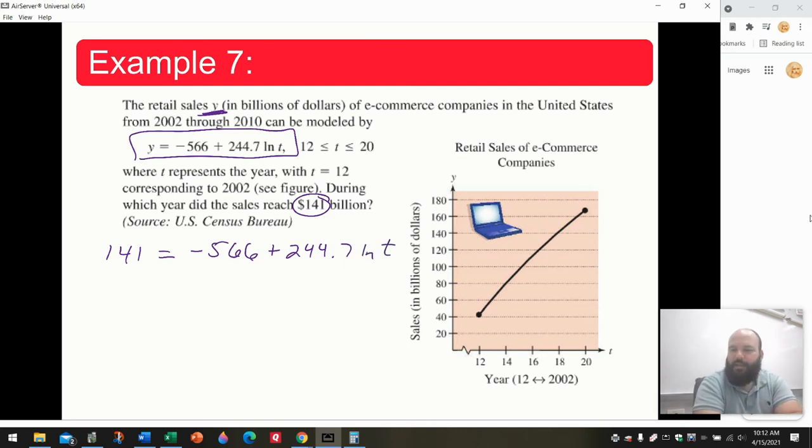And so once again, we need to solve for a variable. This time, though, the variable is being logged. So we do still need to peel the stuff away from it. So the first thing I will do is add 566 to both sides. So this will cancel, and I will get 707.